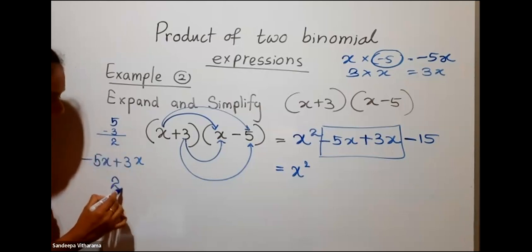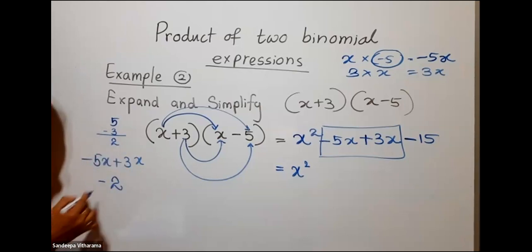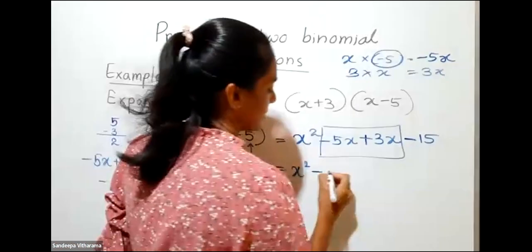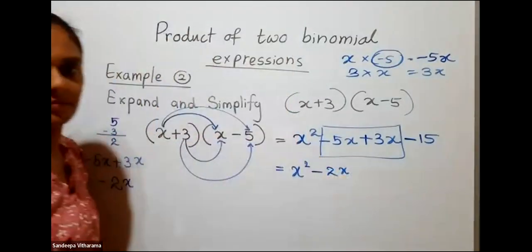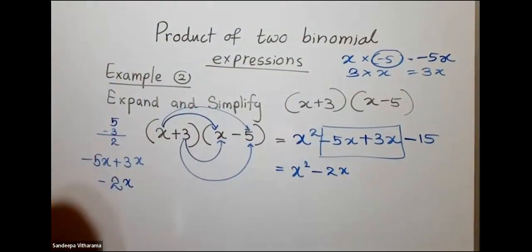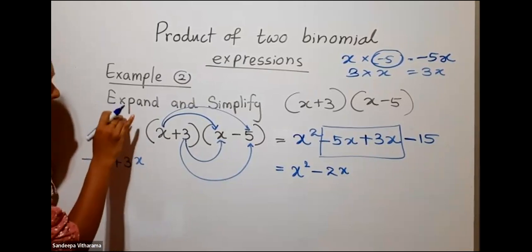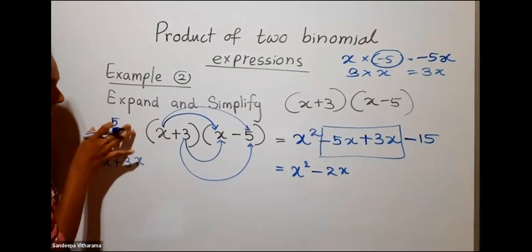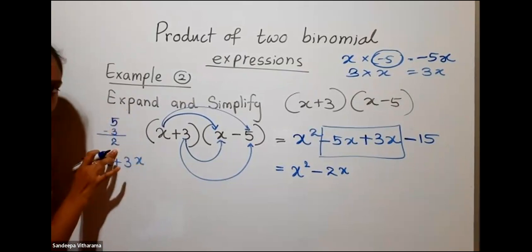How does it happen? You have to subtract the small number from the large number, it is 2.